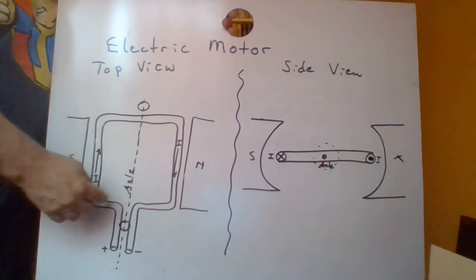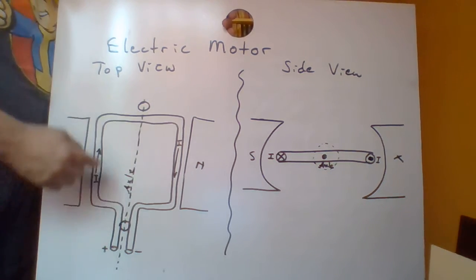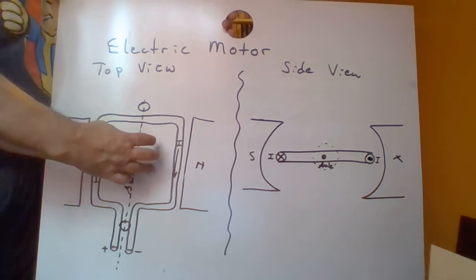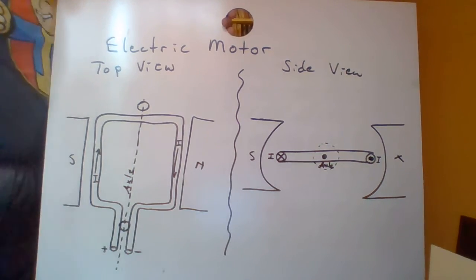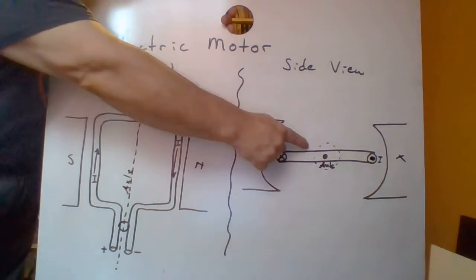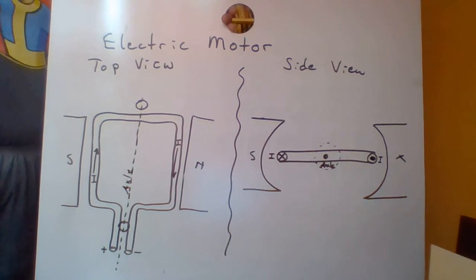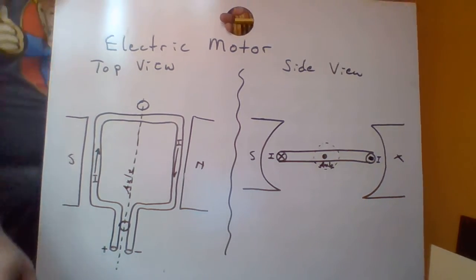And so you can create a stronger, more powerful electric motor by having a lot of loops of wire on this part here. This part of an electric motor is known as the armature. This right over here is the armature. And very often in a motor, you'll see the armature look like this.